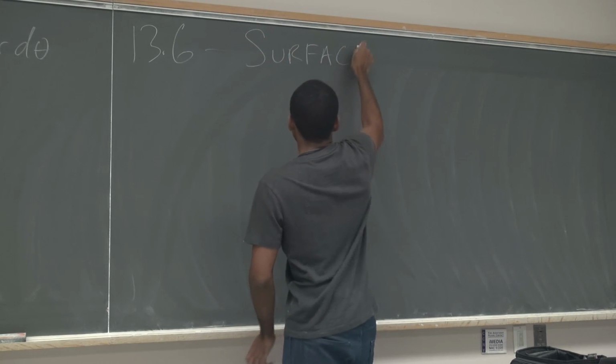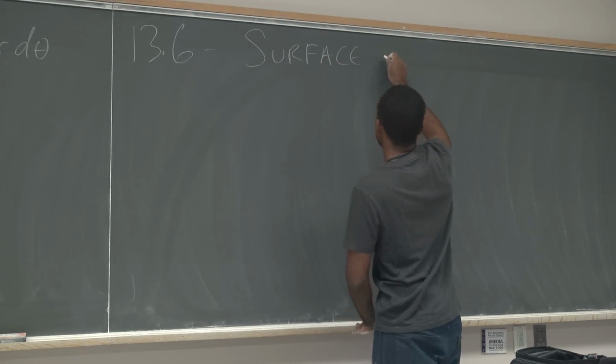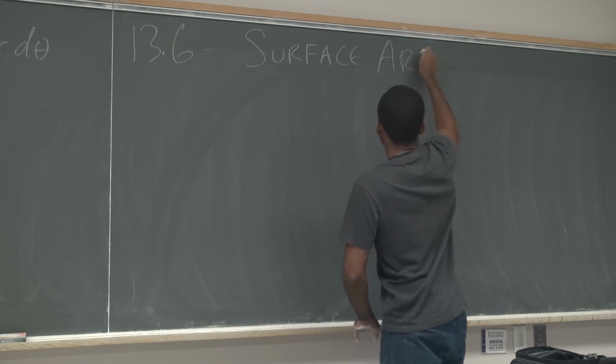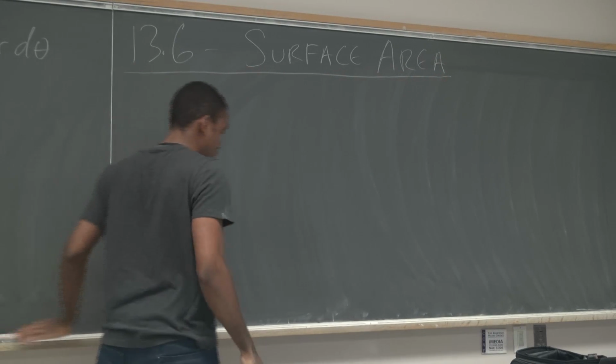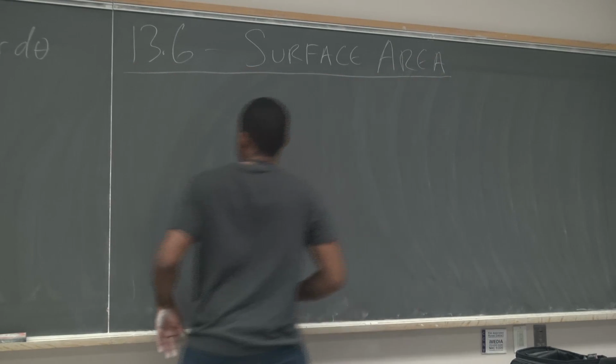There's a lot in this section, but for Calc 3 we don't need most of it. The main part I'm going to take from this is the surface area formula. There are actually a couple of formulas for surface area, but there's only one that I want to focus on.